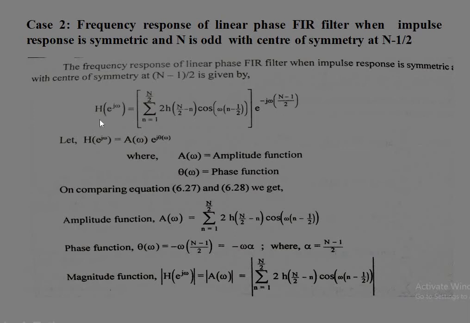Readers are encouraged to once again derive the Fourier transform of such an impulse response, where h(n) is equal to h(N minus 1 minus n) with N even, and the center of symmetry lying at (N minus 1) by 2.